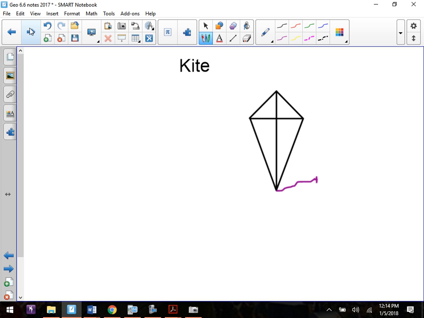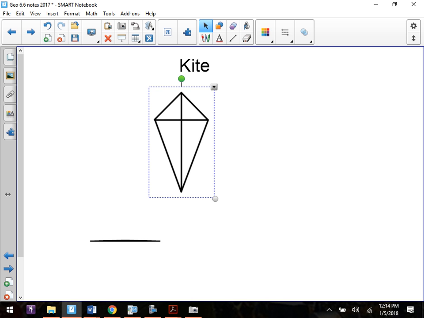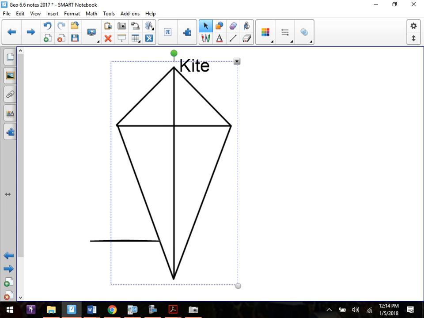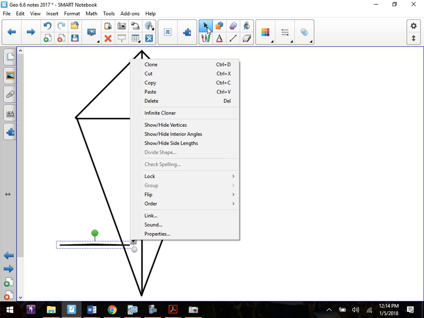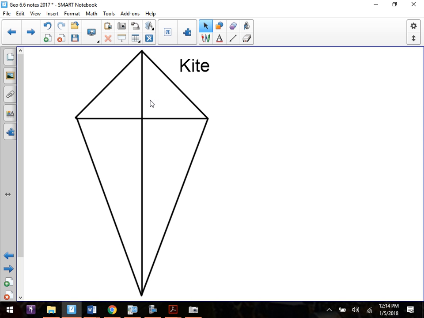So kites. Kites actually have quite a bit going on. And it took me forever to figure out the easiest way to draw these. I think it was Mr. Gonzalez that showed me.